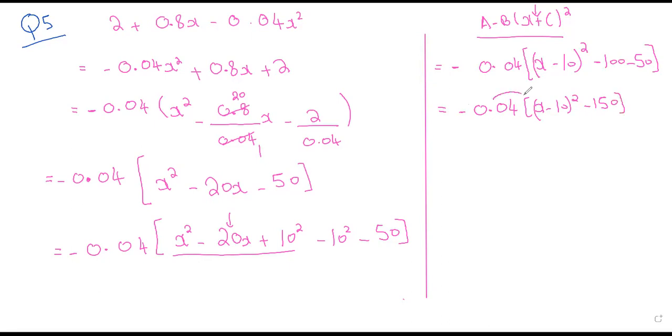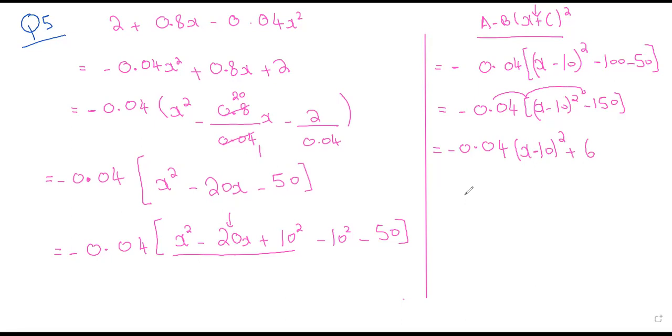Now I'll multiply this with this term and the other term, so it would be negative 0.04 x minus 10 squared, and then plus, you need to do minus 150 into minus 0.04, so that is going to give you 6.